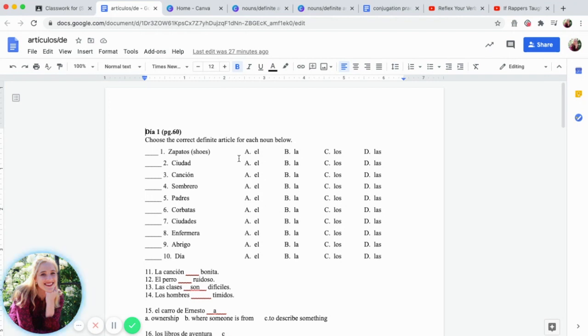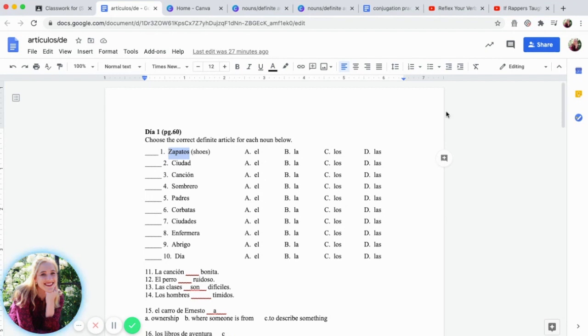Okay, so in this first section, we are picking the definite article that fits our noun. So this first one, we have zapatos, means shoes. We need to ask ourselves, is this masculine or feminine? And then is it singular or plural?